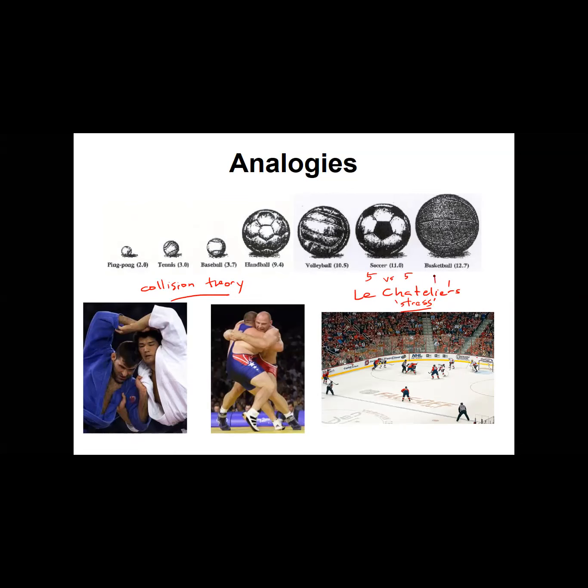When you have this so-called power play, or the opponent has what we call a penalty. When that happens, it will become 5 versus 4 or 5 versus 3. So that system is under stress. Okay? And it will go back to equilibrium when the penalty is over or when someone scores, leading to the penalty being over.